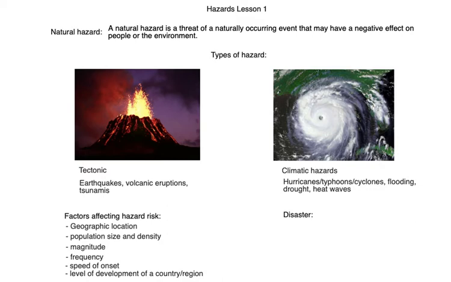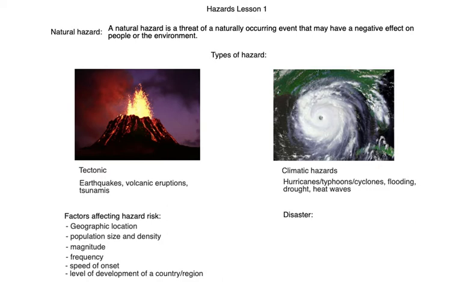Now, it's worth also distinguishing between a hazard and a disaster, because they're not the same thing. A natural hazard is not always automatically a disaster. A hazard, we said, was the threat of an event. A hazard only becomes a disaster when you have significant loss of some sort or damage of some sort, like loss of life, injury, property damage, or environmental damage.